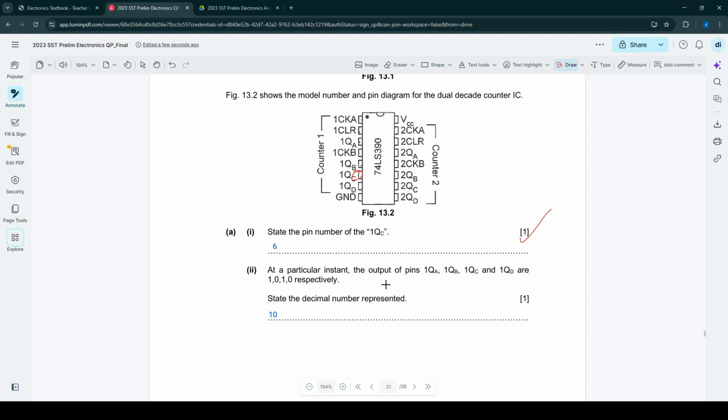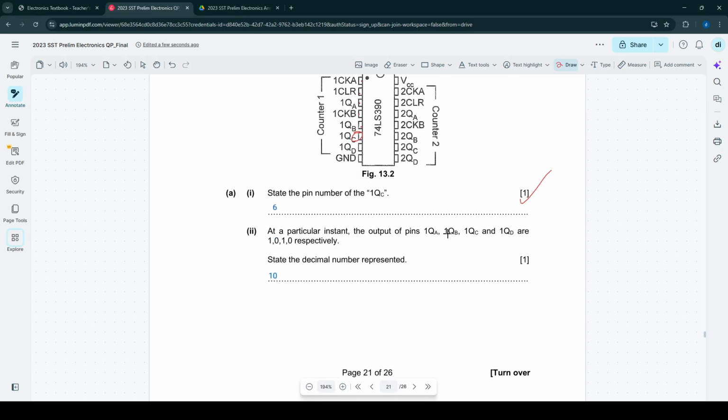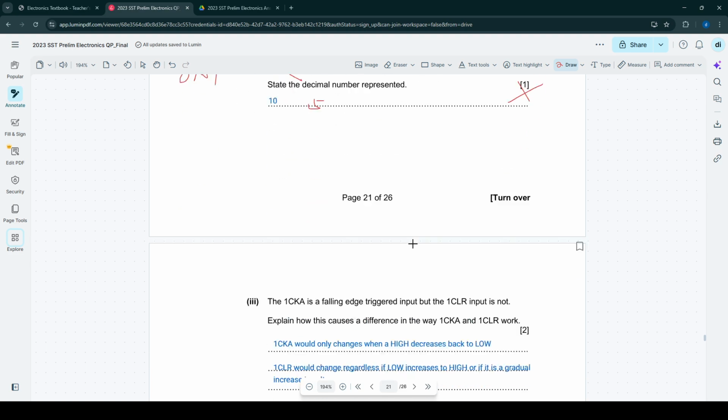A is the least significant bit. A is a trick question. A is the least significant bit, which means that in binary, it's not this. In binary, it is this. So it's 5. You're wrong. Yep, okay.